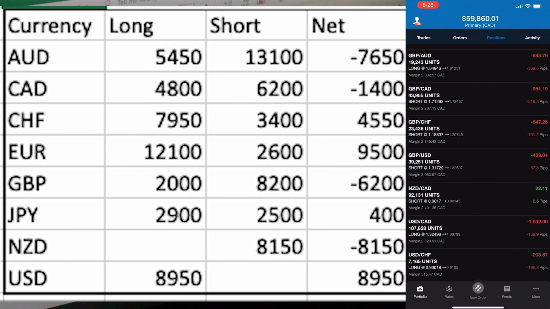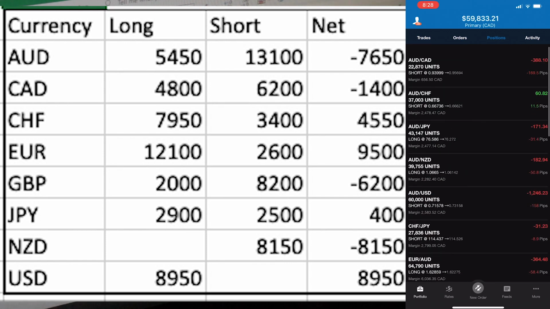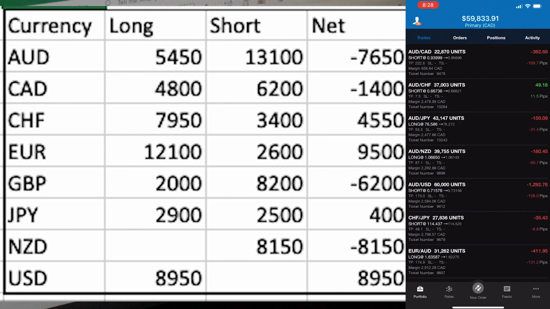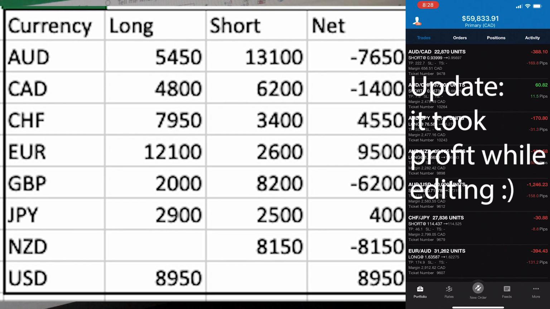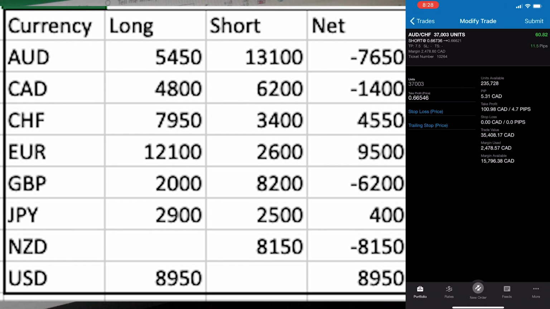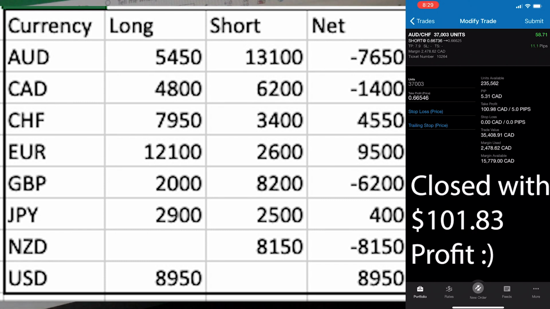Just a quick update on last night's trades. I did go short on that trade that I mentioned in the previous video, and it is in the green right now, so that's good. It was this one, Australia Swiss, and hopefully it'll take profit at around $100. If I look at it here, modify, yeah, you can see the take profit is set to $100.98.